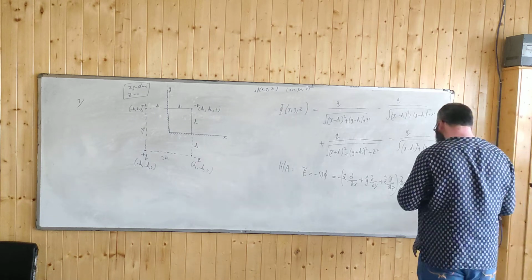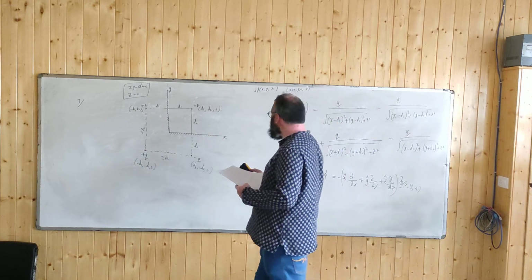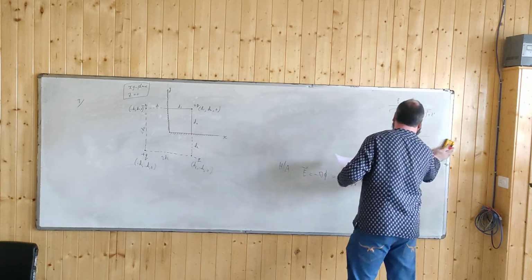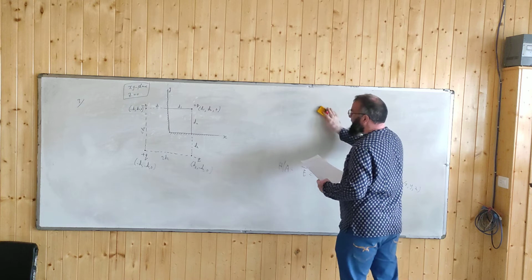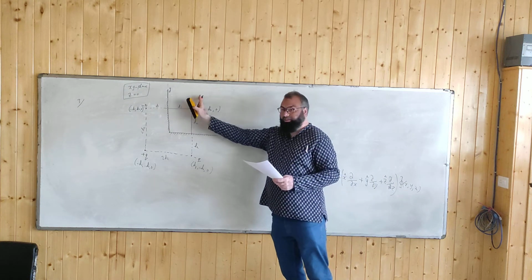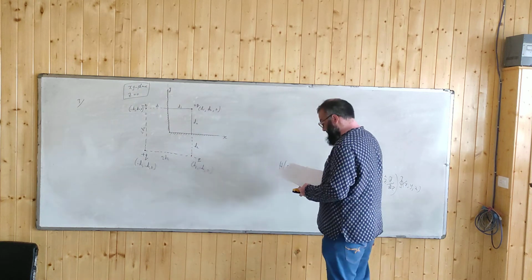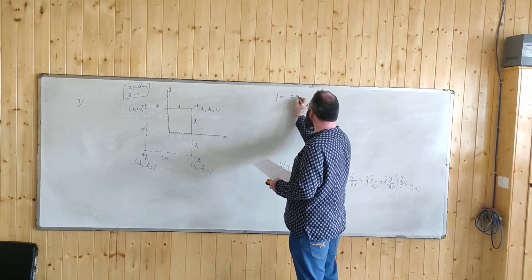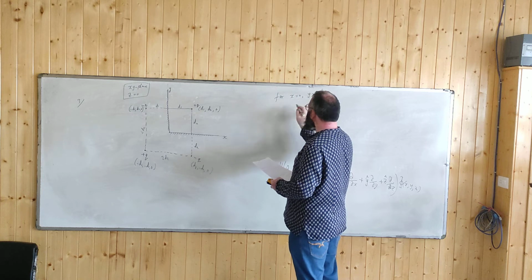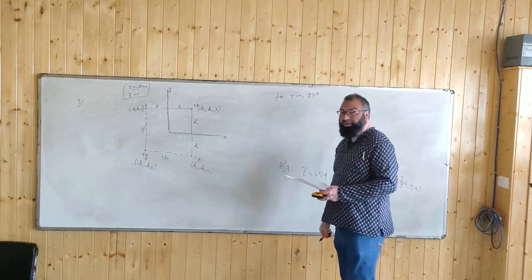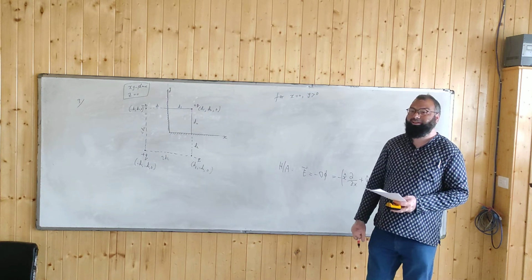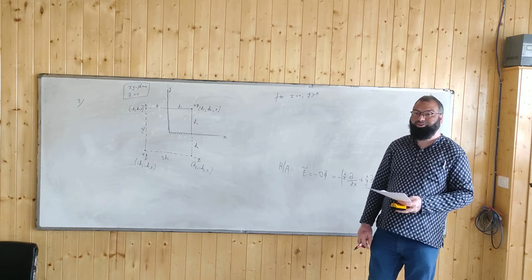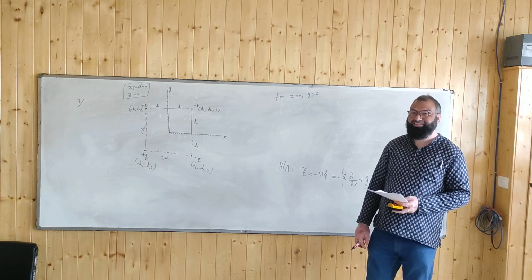Since the field is non-zero only in this region, let's take x equal to 0 and y greater than 0. Where am I, just tell me. When x equal to 0, y is positive.